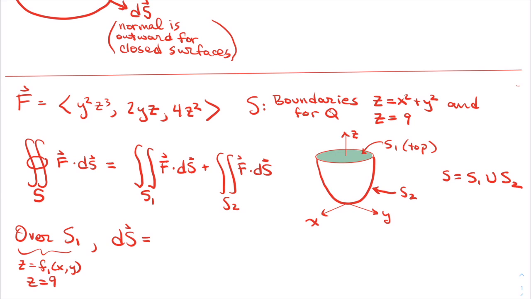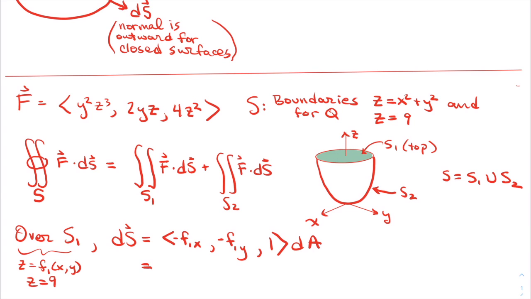So dS is, the formula we gave is negative f1 sub x, negative f1 sub y, and 1, and that'll have a dA associated with it. I'm sorry, I screwed up, this should be f1 sub y.